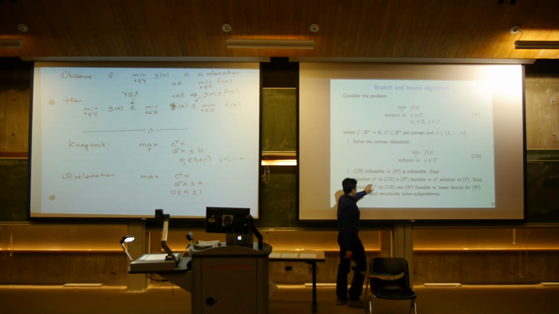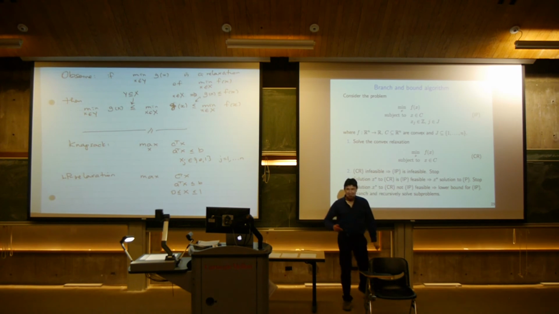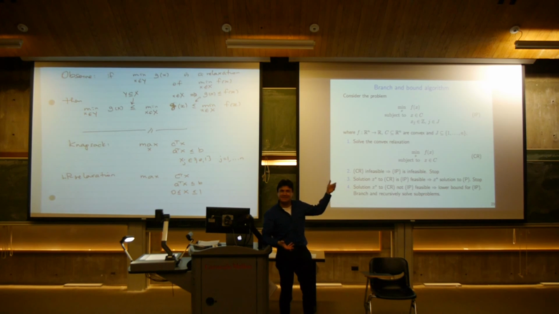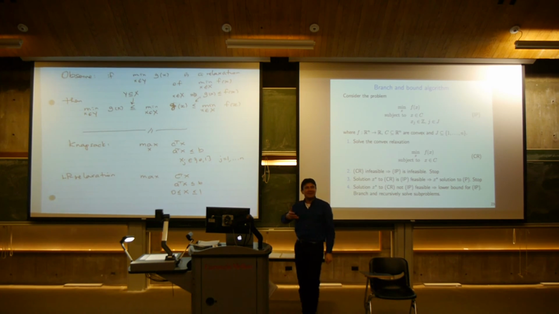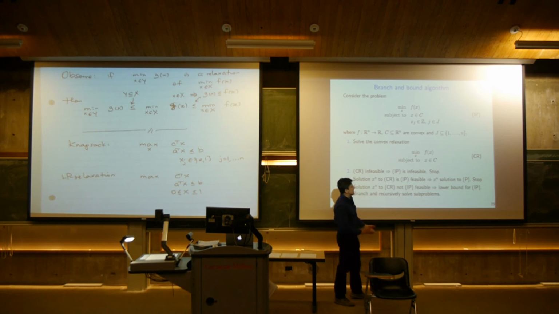Now, if you solve the convex relaxation, and you're lucky enough that the solution is also feasible for the original problem, that is, we ignored the integer constraints, but the solution we found is integer, then we're happy. That has to be an optimal solution to the original problem, because it's already feasible, right? So in this case, this would be easy also.